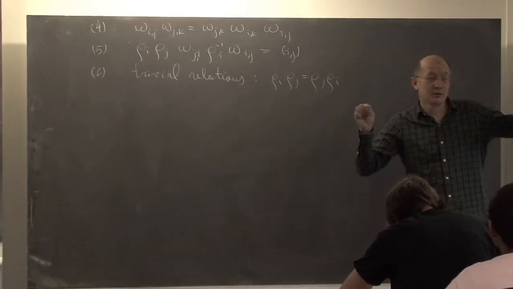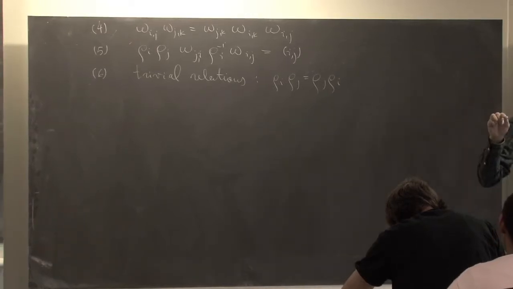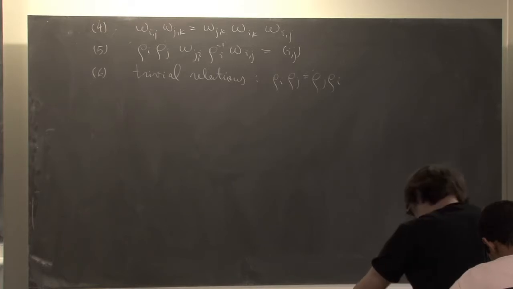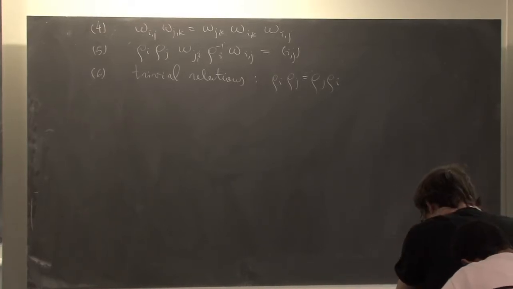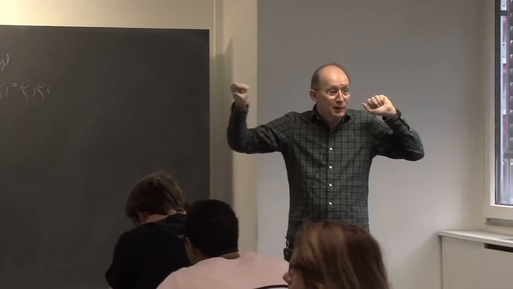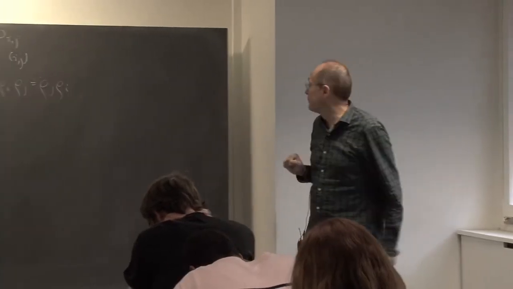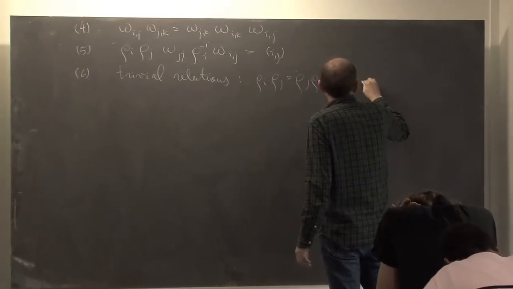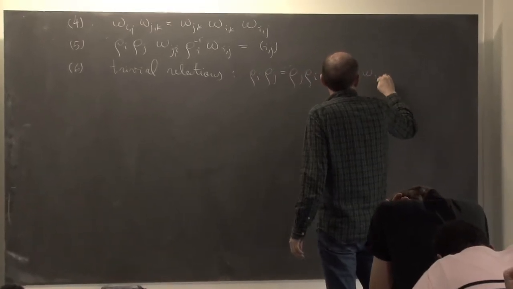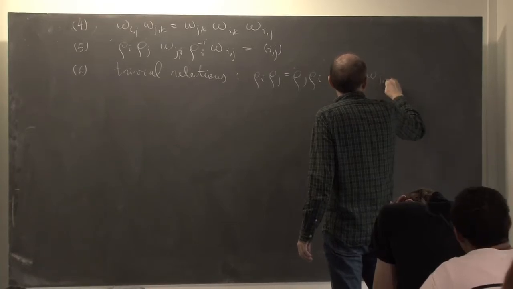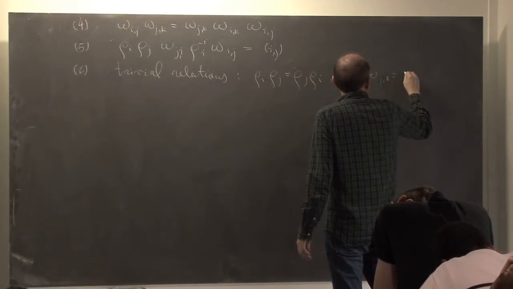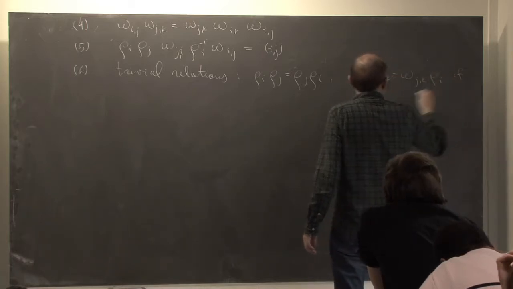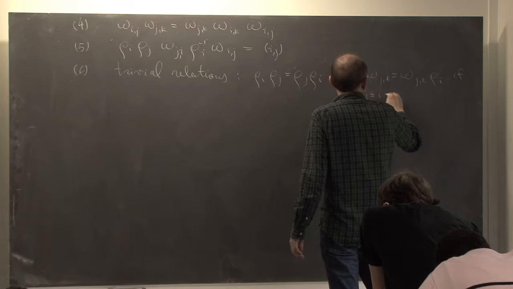Right, so if we change the corner in i's triangle, followed by the change of corner in j's triangle, we can achieve the same result by changing first in j's triangle, followed by the change in i's triangle. This I call trivial relation. And we have also rho i omega jk, which is the same as omega jk rho i if j not equal i not equal k.